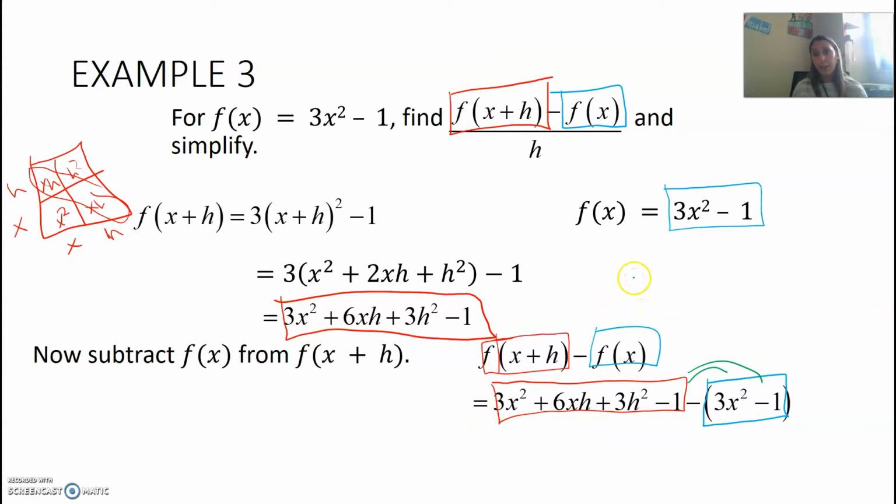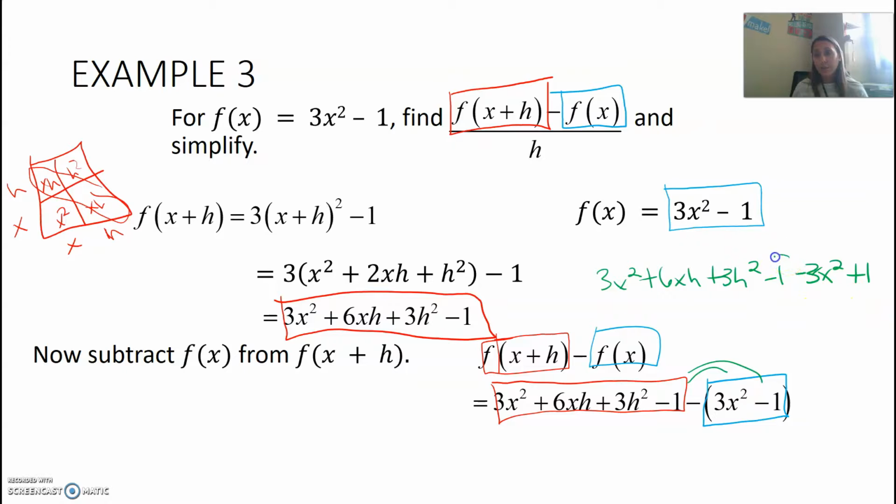So we're going to end up with 3x squared plus 6xh plus 3h squared minus 1 minus 3x squared plus 1. Negative 1 times negative 3x squared is negative 3x squared. Negative 1 times a negative 1 is a positive 1.